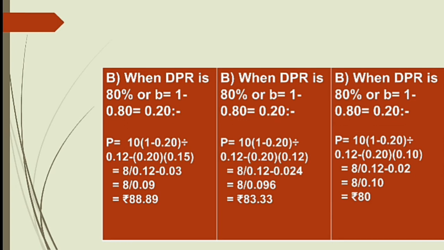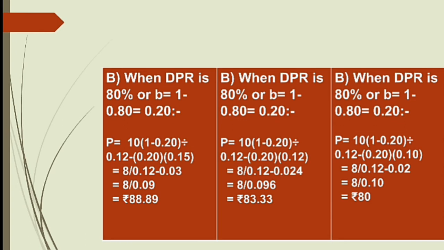After solving, 8 divided by 0.12 minus 0.024, which is 8 divided by 0.096. So the value is 83.33 per share for XYZ Limited Company when R equals 12% and dividend payout ratio is 80%.